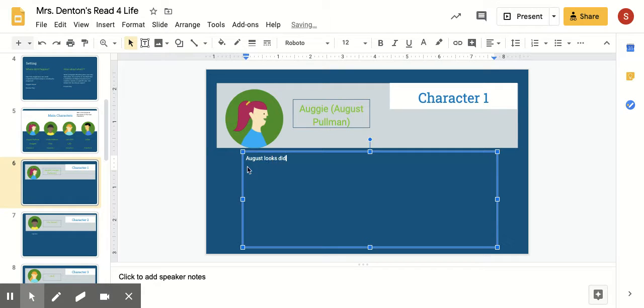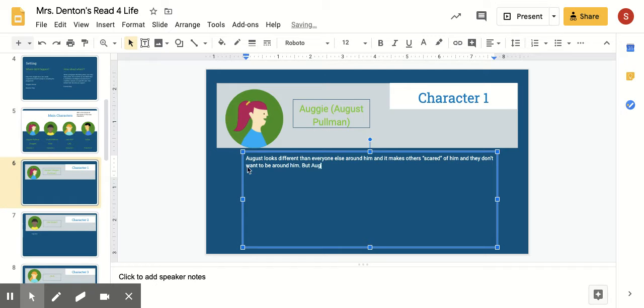looks different than everyone else around him. And it makes others scared of him, and they don't want to be around him.